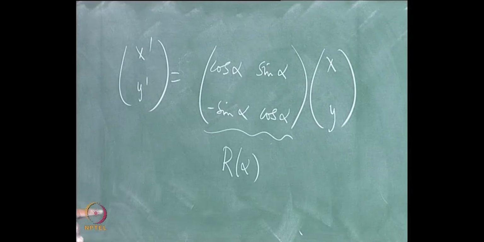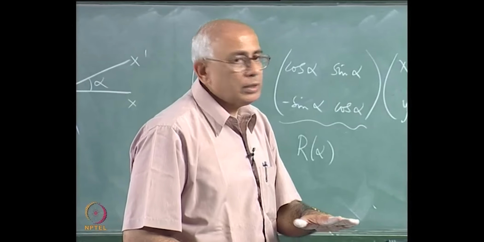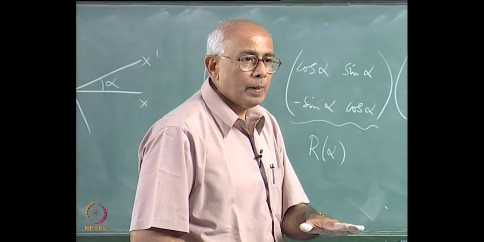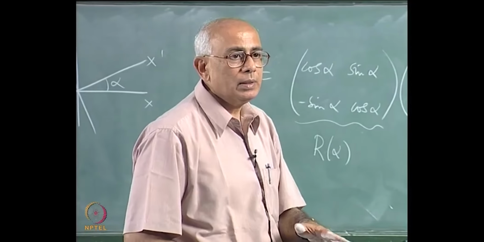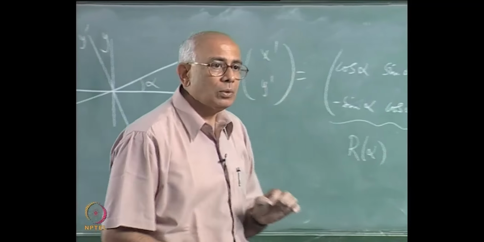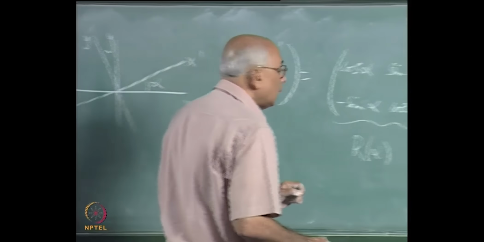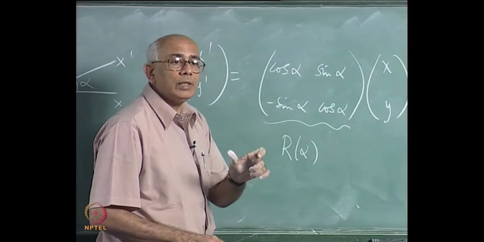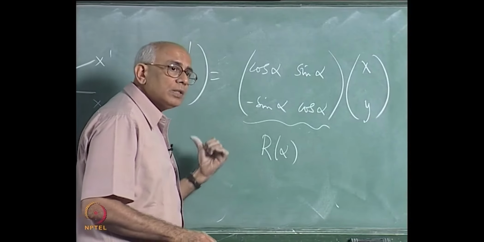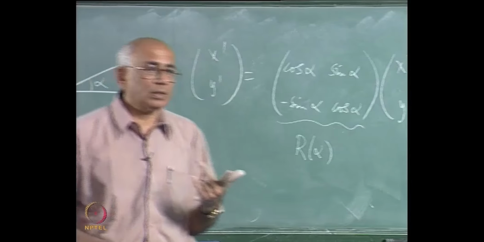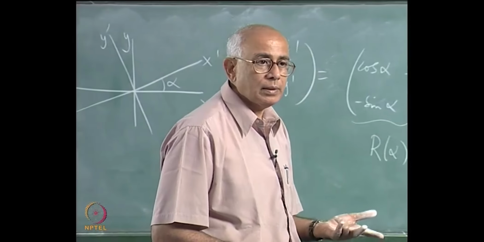Now what are the properties of R of alpha? What does a rotation do? It keeps the origin unchanged, it is linear, it is homogeneous, in other words 0 remains 0, and distances do not change, nor does this coordinate system become a left handed coordinate system. What is right handed remains right handed.